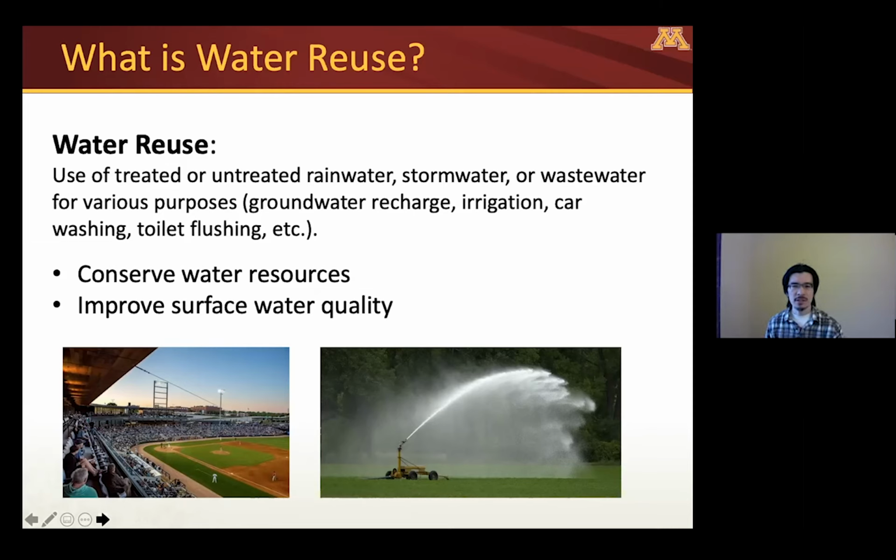And the water reuse is in practice in many different areas in Minnesota. As you can see below, this is the ballpark in St. Paul. They collect rainwater nearby and treat them and use for field irrigation as well as toilet flushing.